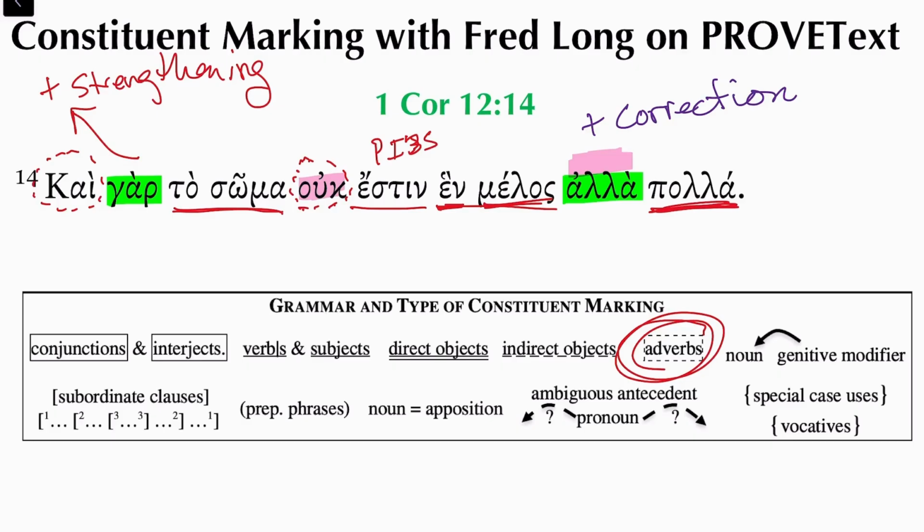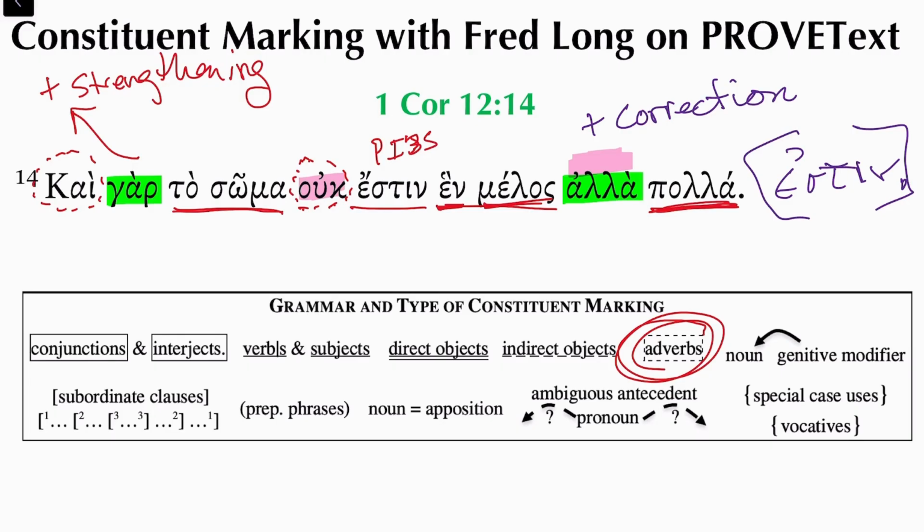And so the many, the polla, is indeed working with an implied, probably estin. Yes, even though estin is third singular, we know that neuter plural subjects will often work with third singular verbs. So I would propose that there's an implied estin here.